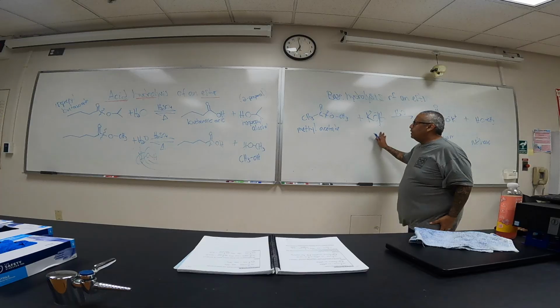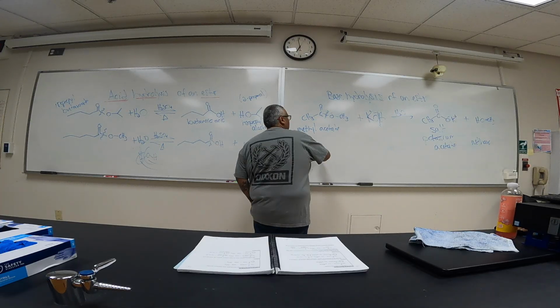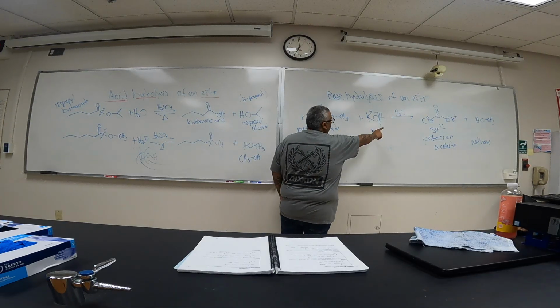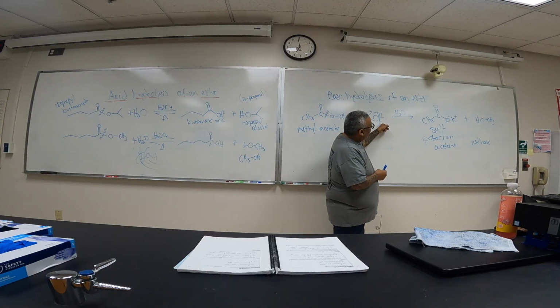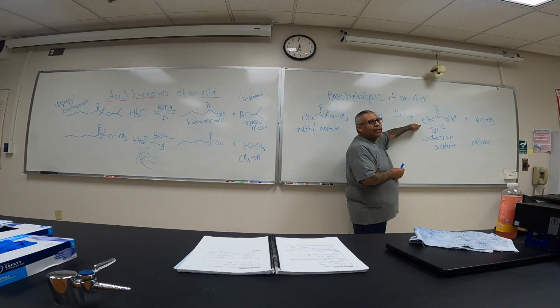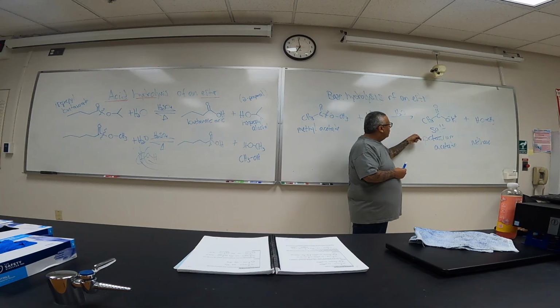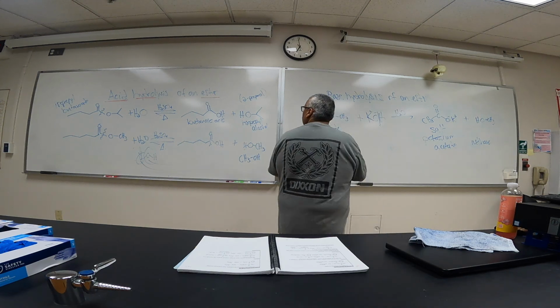So using potassium hydroxide and methyl acetate, we break this apart. We get our alcohol back, but we're not going to get a carboxylic acid. We're going to get this carboxylate salt. Right. Let's do another reaction there.